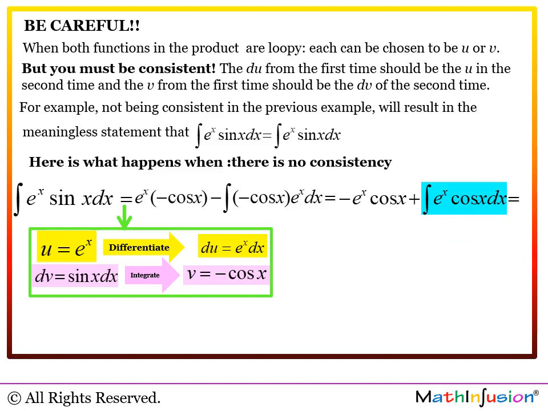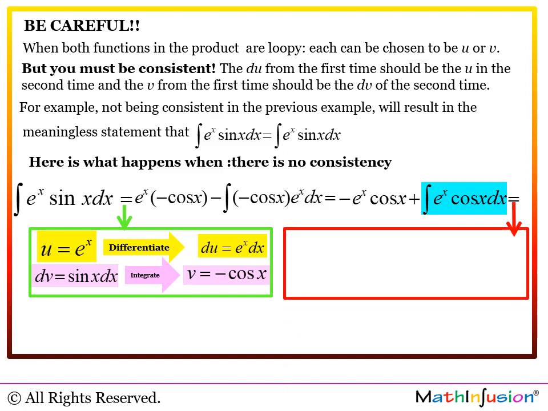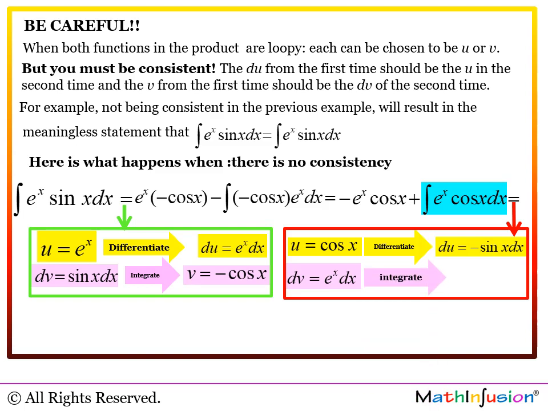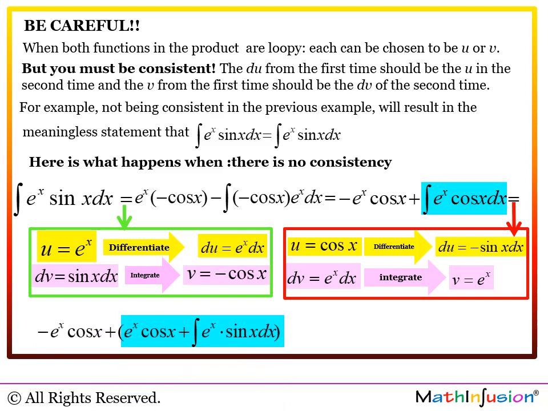It means that now I'm going to choose u to be the cosine x and dv to be the e to the x dx. So here's a little surprise. If you look only at this integral, it's e to the x cosine x plus the integral of e to the x sine x dx.